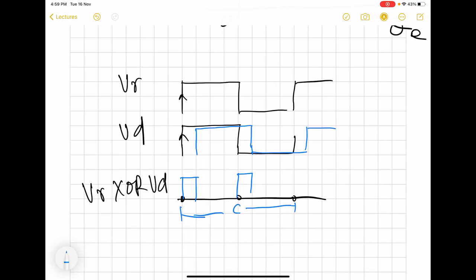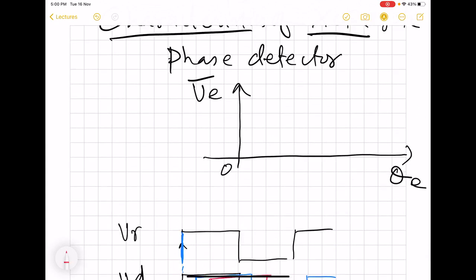And as this phase error between them, or the gap between these edges of V_R and V_D, increases, the pulse width is going to increase, like this. So we see that the DC content will increase with the phase error in this way.